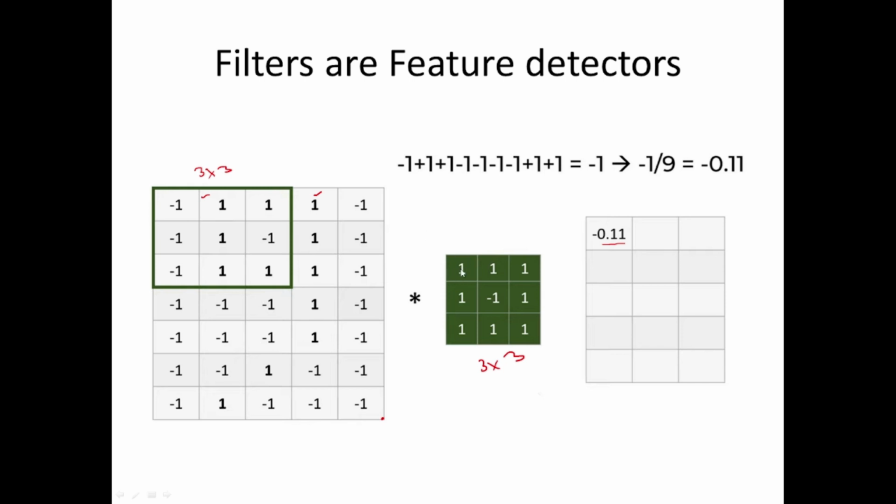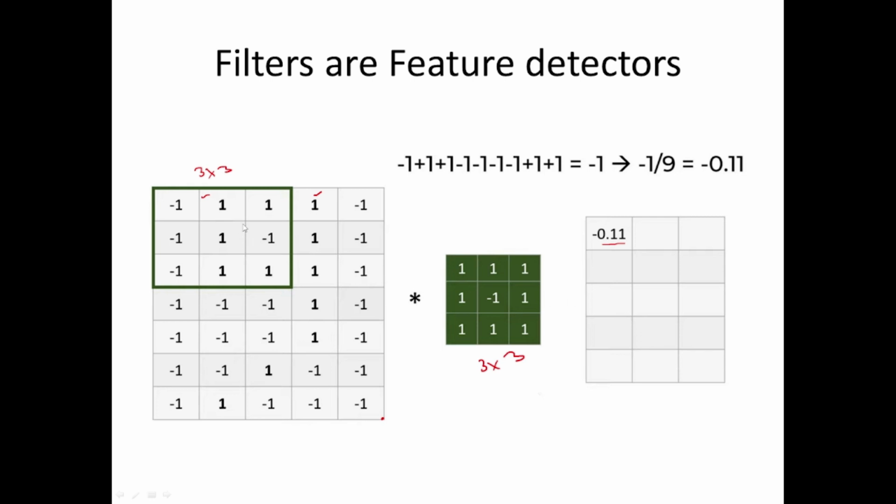So for example, 1 into minus 1 will be minus 1, then plus 1 into 1 will be 1, and so on. The convolved number you write in the target matrix, which is known as the feature map.